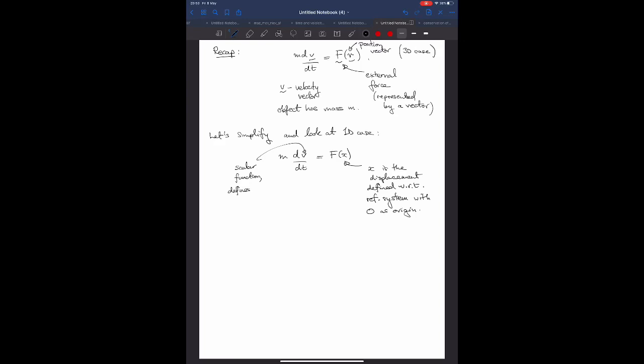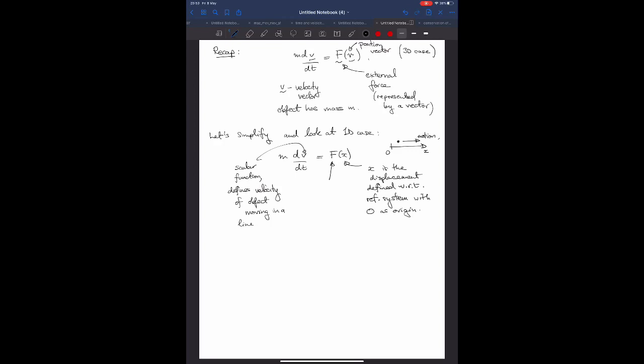It defines the velocity of an object moving in a line. So you might have a scenario like this: you might have some mass, there's O, there's x, and it's moving like this, parallel to the x-axis.